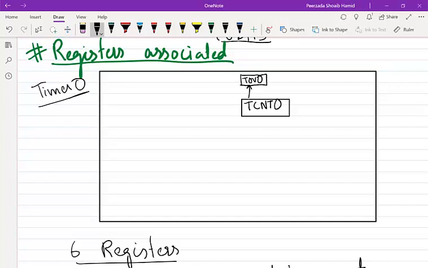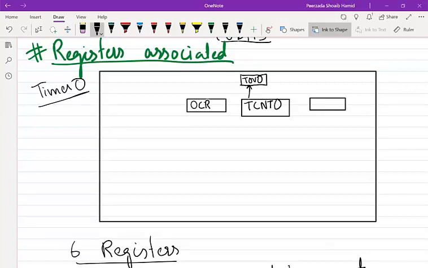Okay, then in case of Atmega 328 microcontrollers, we have output compare registers. In fact we have two output compare registers.